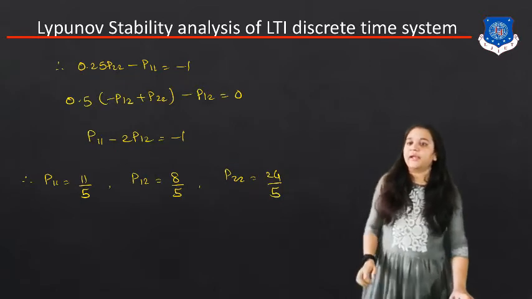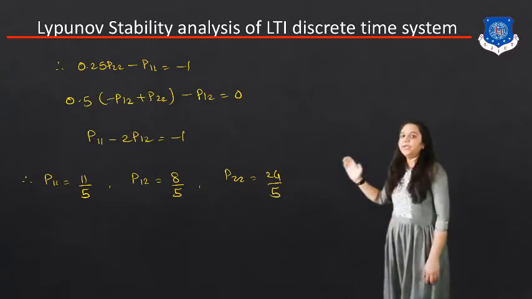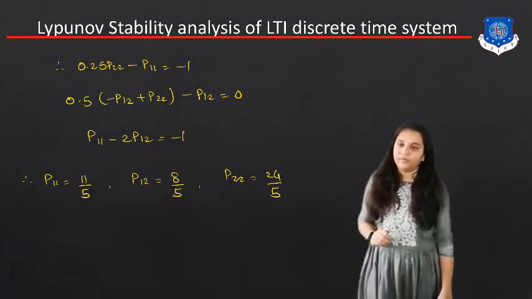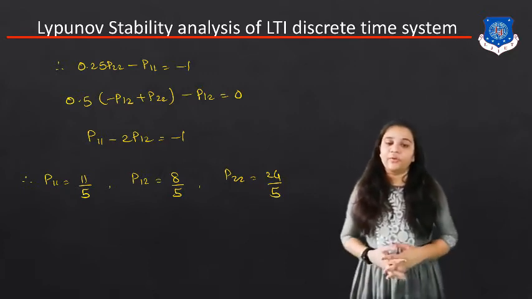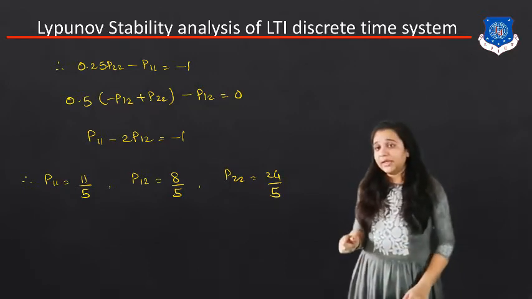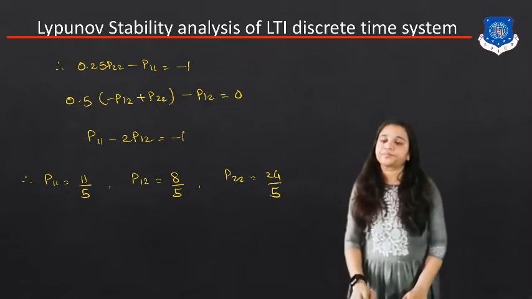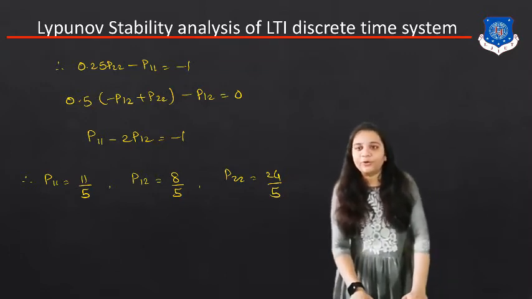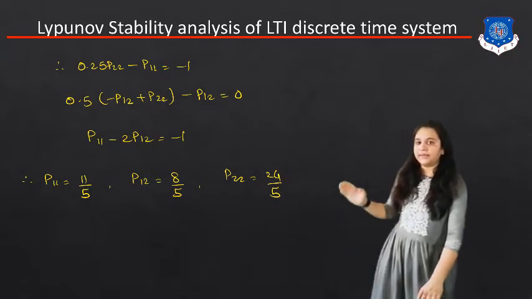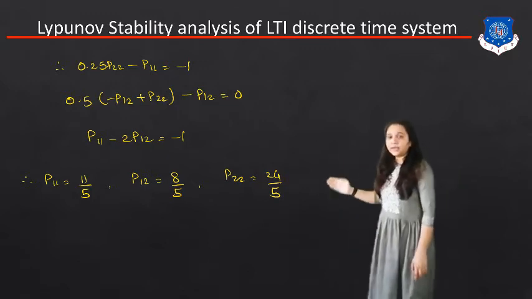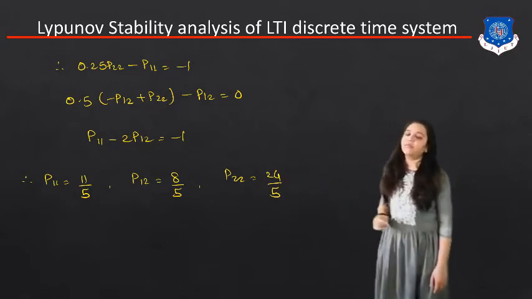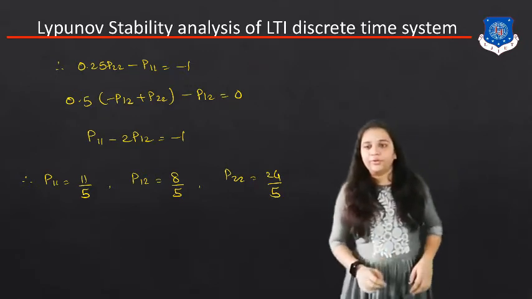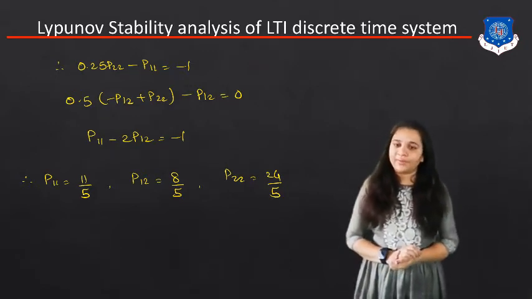Okay, so we can get 0.25 P22 minus P11 equal to minus 1. The next equation is 0.5 in the bracket, minus P12 plus P22 minus P12, equal to 0, and the third equation is P11 minus 2 P12 equal to minus 1.